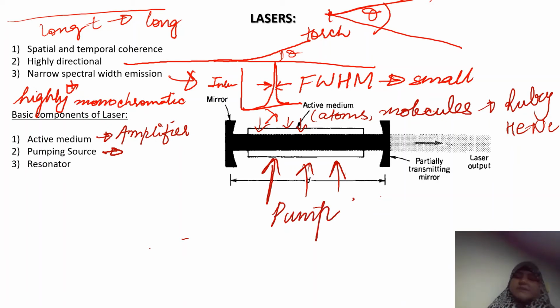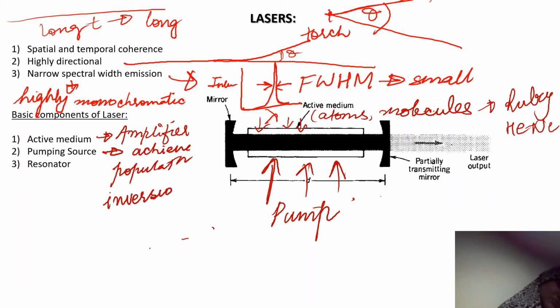So this pumping is done to achieve what? Why do we pump our active medium? We are pumping an active medium to achieve population inversion. This can be done electrically, optically, or by collisions.